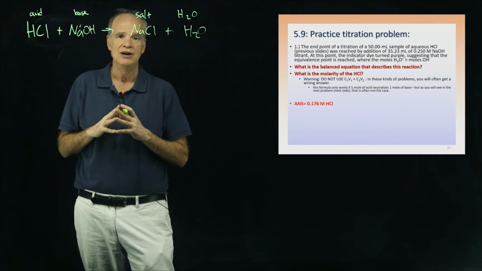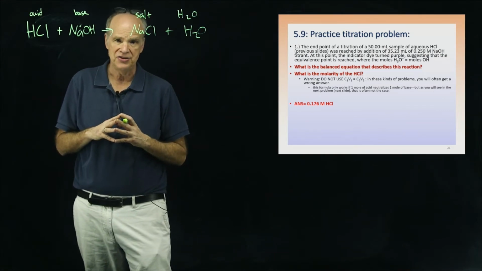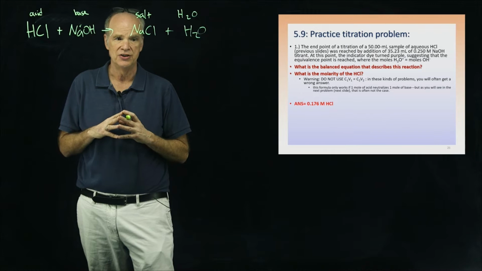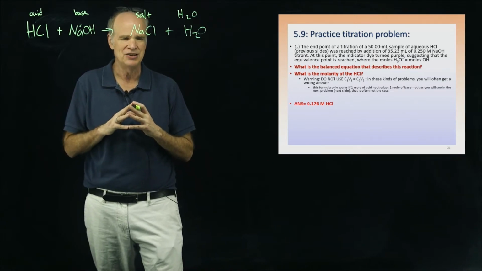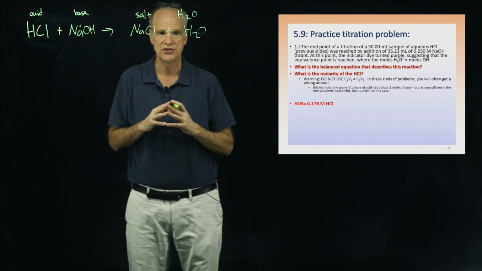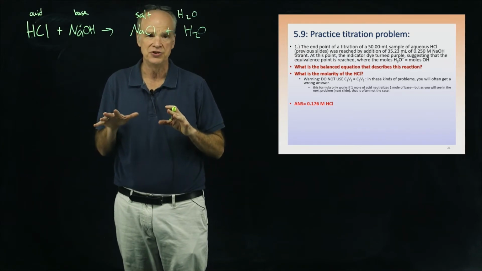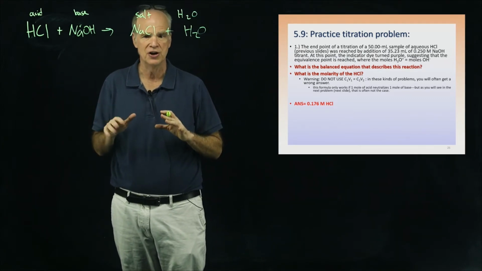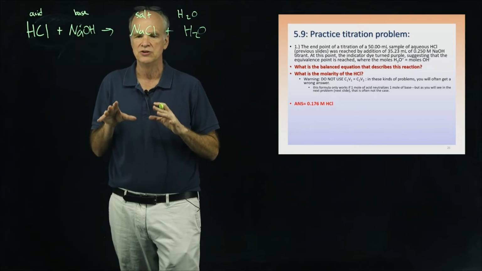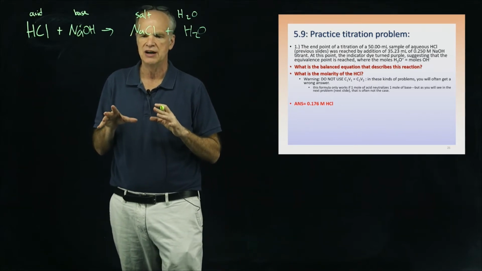What we're going to do now is try to figure out what the concentration of the original HCl is. So what I need to do is outline a strategy to solve this problem, because it can be difficult, from the information given, to figure out where to start. What I do is look at the problem and see what we're trying to find.